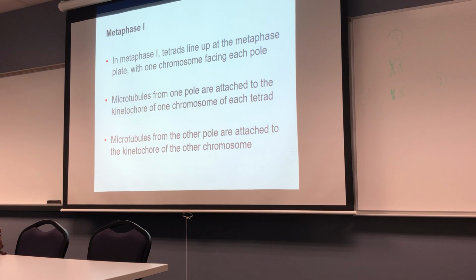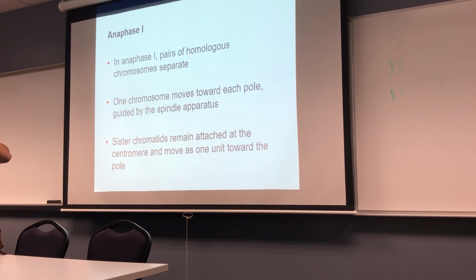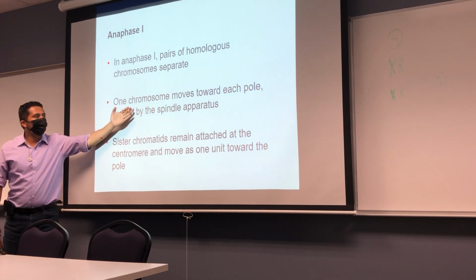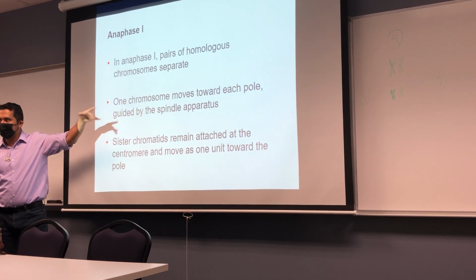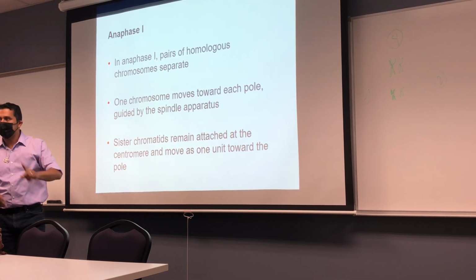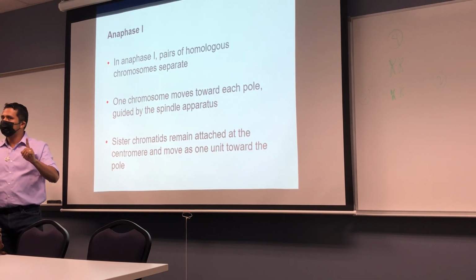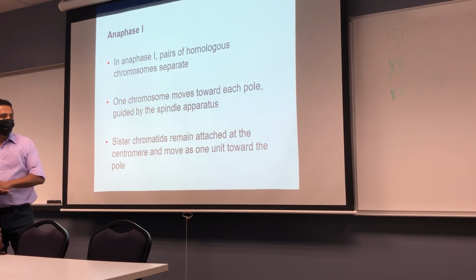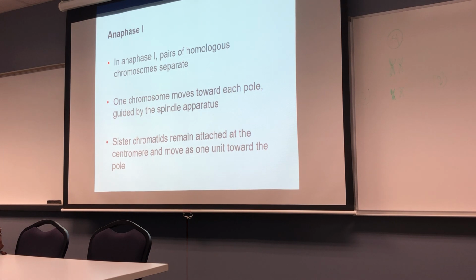Good. So this is basically what I showed you, the microtubules from each pole attach to the kinetochores, and that leads to the anaphase. In anaphase 1, the pairs of homologous chromosomes are the ones that separate and move towards each pole. The sister chromatids remain attached at the centromere until anaphase 2, and they move as one unit to one pole.